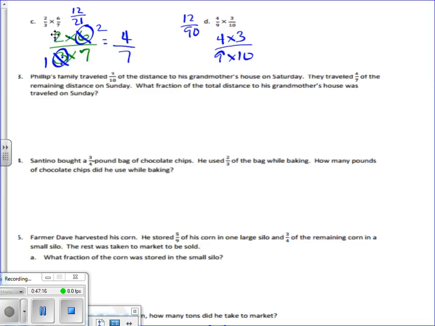I know that 3 can go into 9. So 3 divided by 3 is 1. 9 divided by 3 is 3. 4 and 10 have a common factor, 2. 4 divided by 2 is 2. 10 divided by 2 is 5.